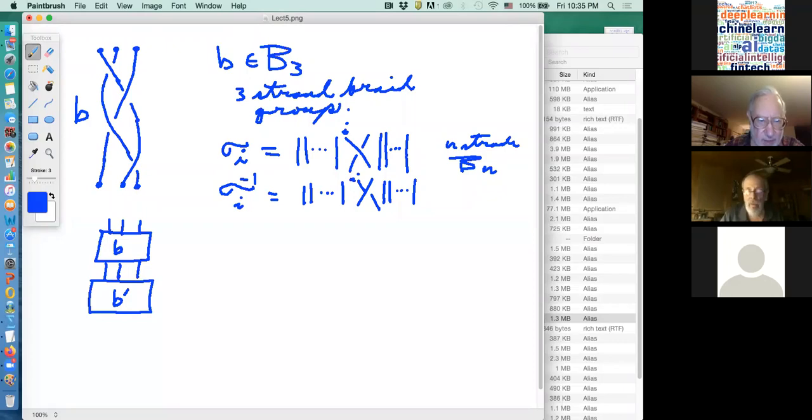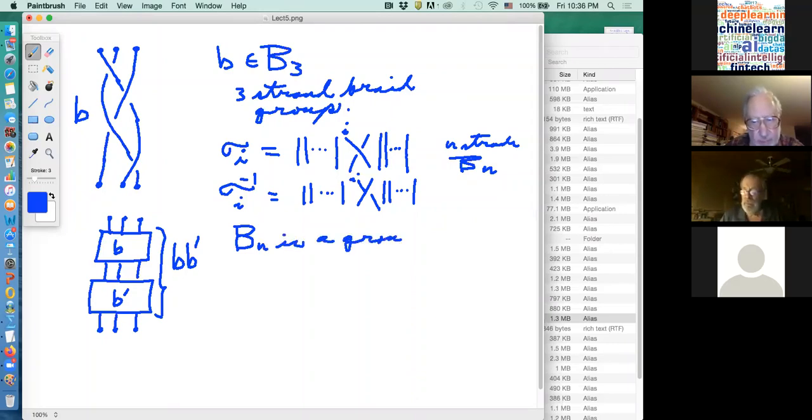Bottom strands of one to the top strands of the other, and then again asking that it be fixed at the top and fixed at the bottom, and you're allowed to isotope it in the middle, and this is the product of the 2 braids, just like we had product of permutations. And Bn is a group under this multiplication.